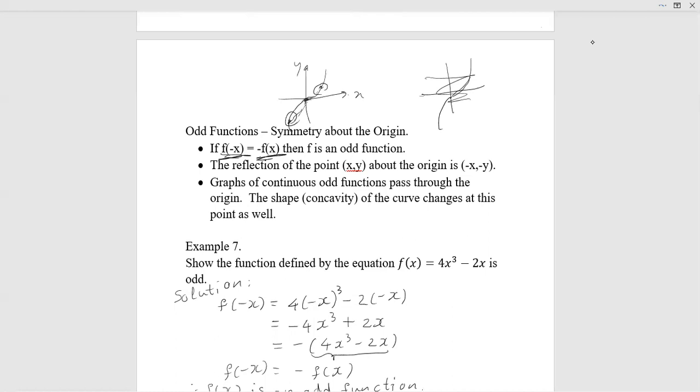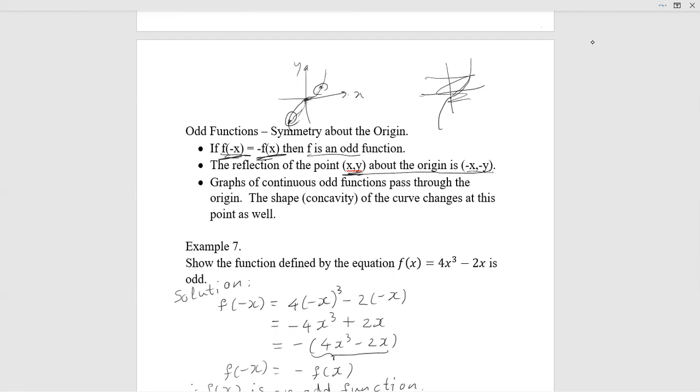If f of negative x equals negative f of x, then f is an odd function. The reflection of point x comma y about the origin, this is good to know, is negative x, negative y. You have to change the sign of both coordinates.